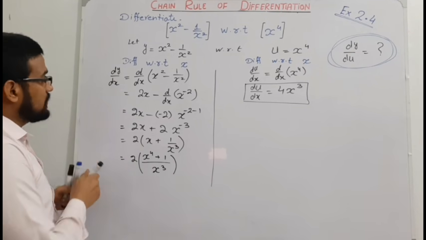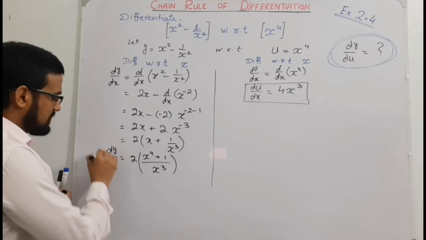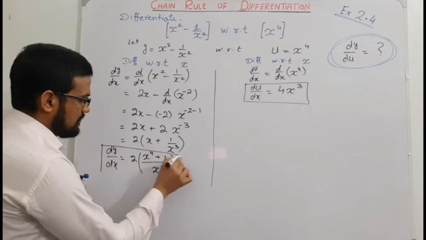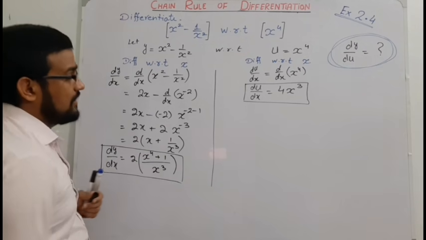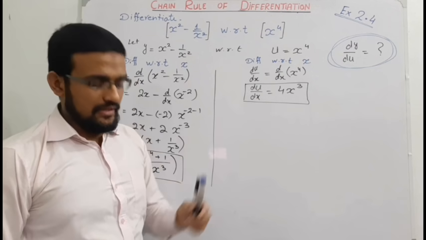This is the result of dy over dx, and this result is du over dx.